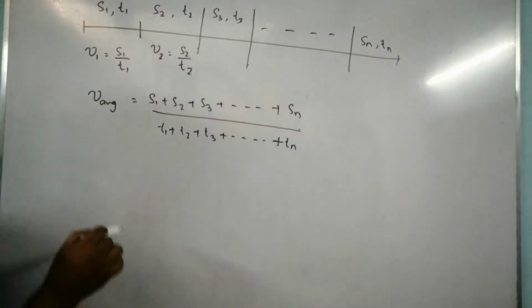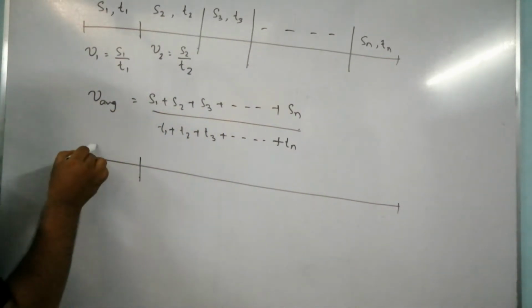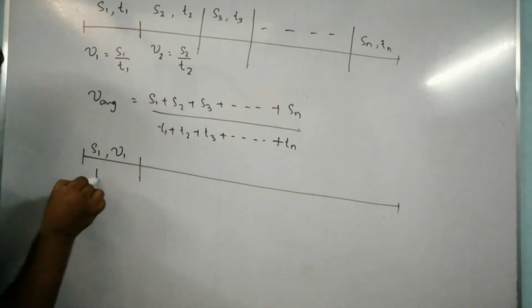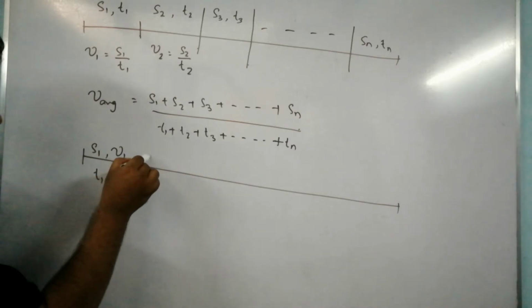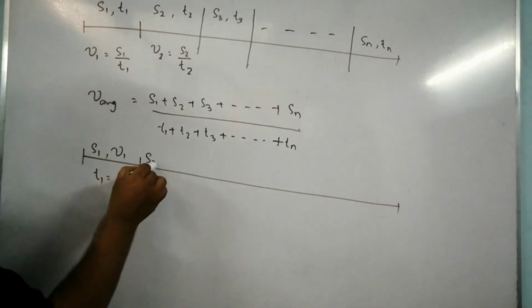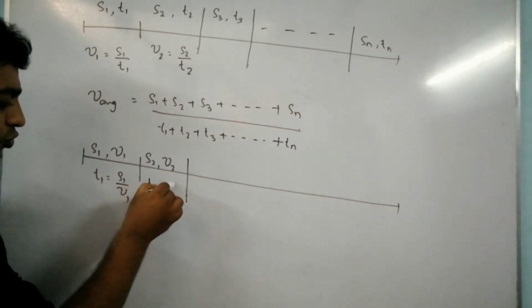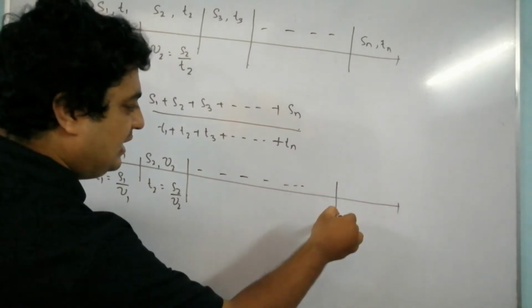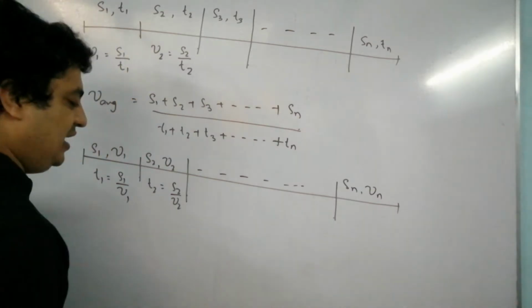Next, consider a body moves s1 distance with a speed v1. So, time t1 will be s1 by v1. Now, it covers s2 distance with speed v2. So, time t2 will be s2 by v2. And similarly, it covers sn distance with speed vn.